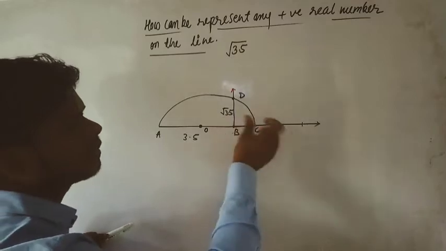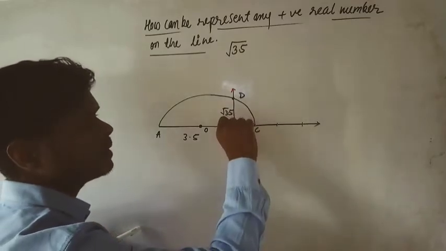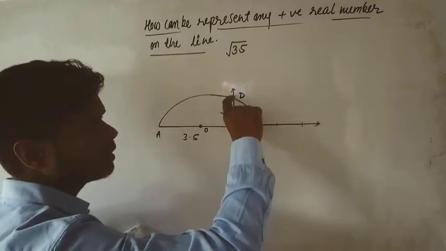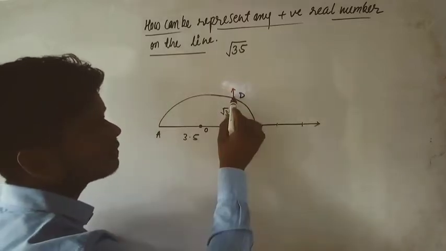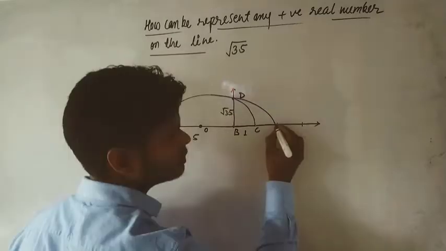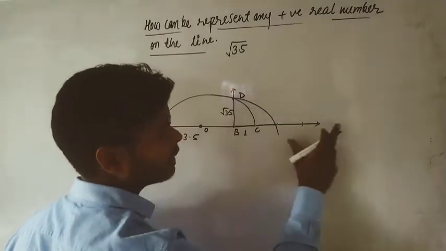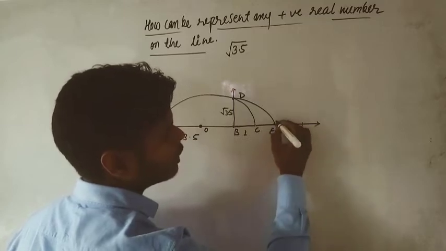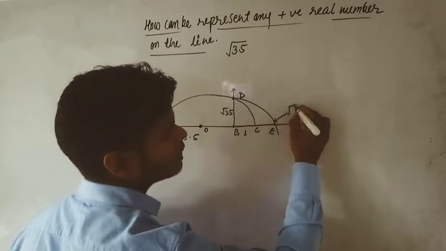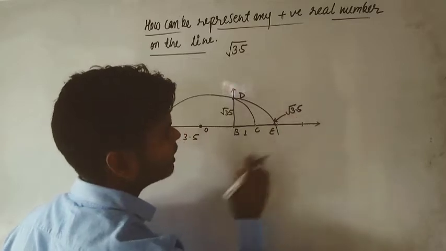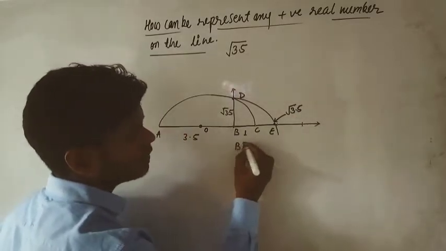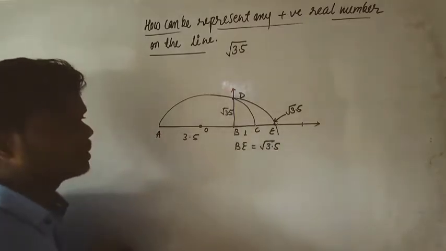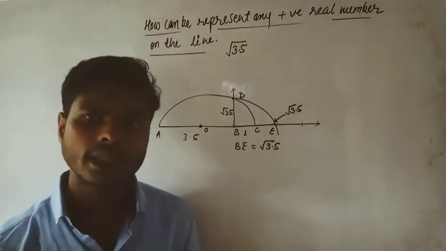We put the needle of the compass on this point B. We take a radius BD and cut an arc which cuts the line at a point E. The point E represents square root 3.5 on the real number line.